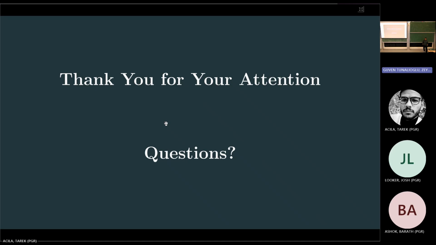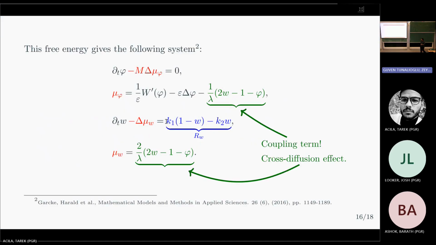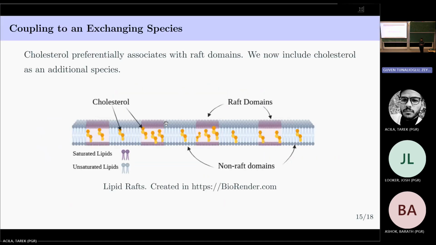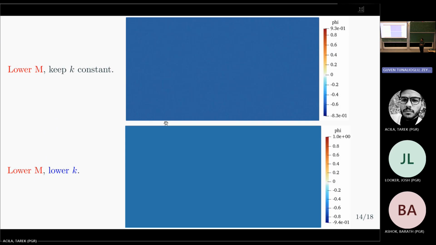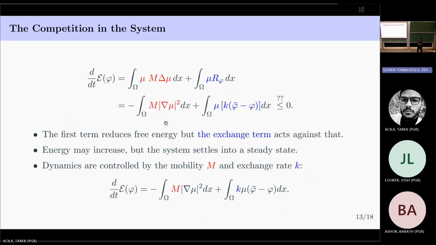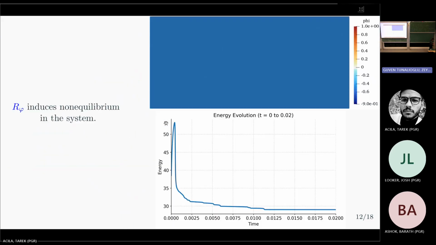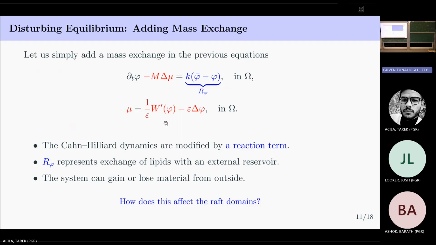Any other questions? Yes? In the middle two simulations you showed, the energy decrease was sort of stepping. Why is that? It's because the domains were merging. If you notice, as the domains merge, the energy decreased.